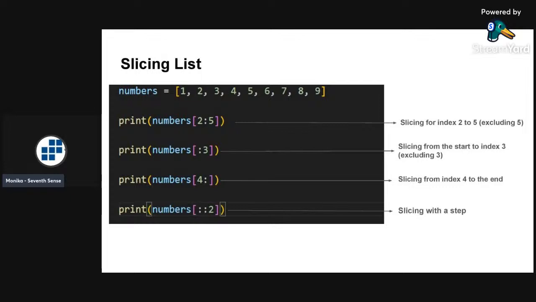Next, colon 3. Harish, execute the code. You are executing for all. Yes. And what will be the output for colon 2? 1, 3, 5, 7, 9. Yes, Harish. Good. You understood with the slicing how the list will get sliced?